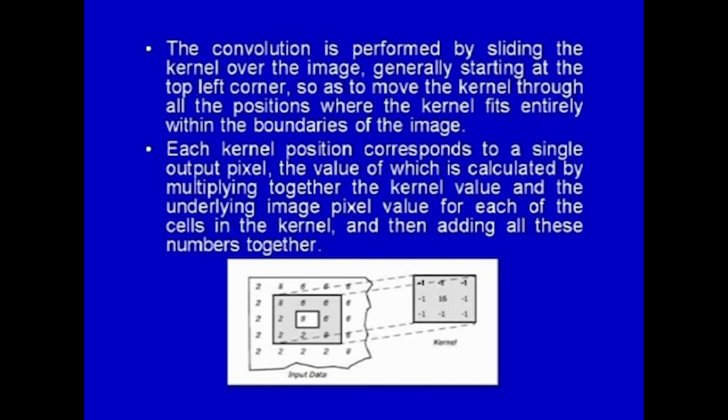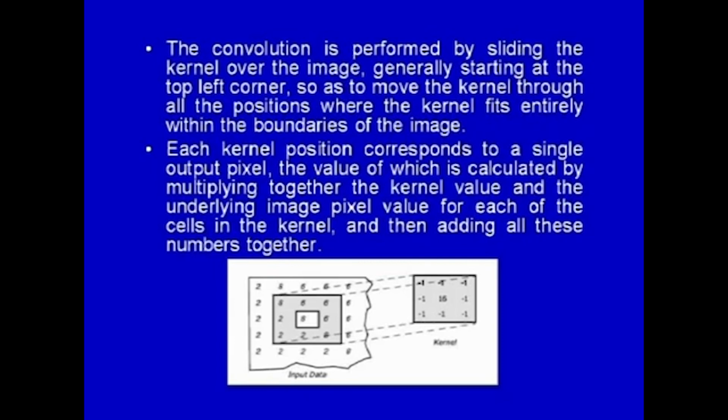In this graphic shown below, on the left hand side we have the input data consisting of the digital data, and over this a convolution window or a kernel is sliding.